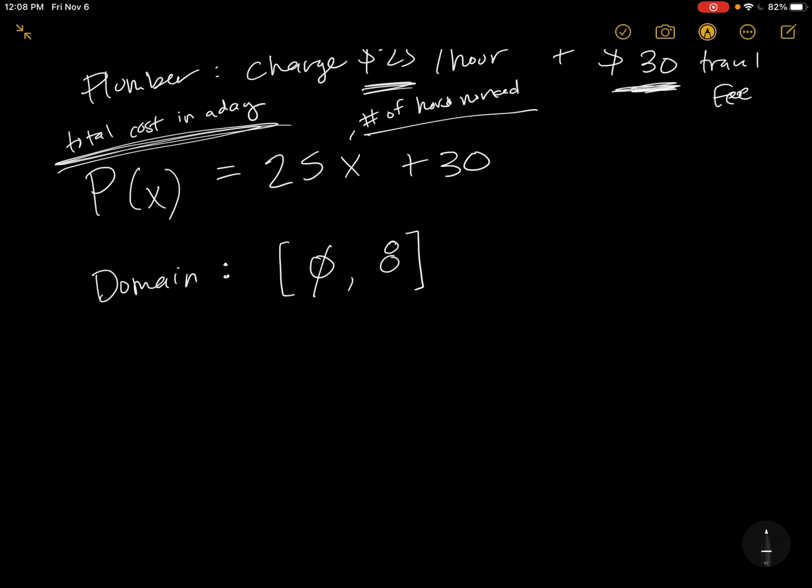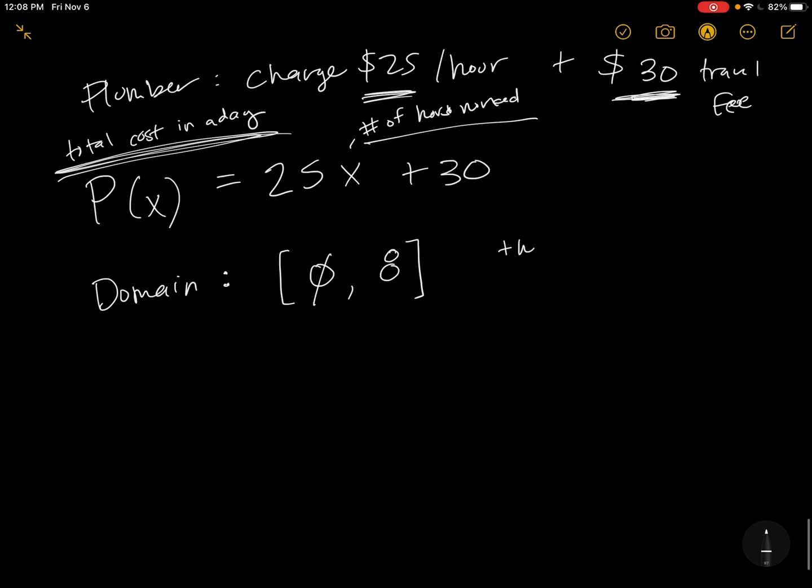And of course, they can't work any less than 0, right? That's not possible. That means you just didn't even hire a plumber. So that's the domain: work 0 to 8 hours in a day.